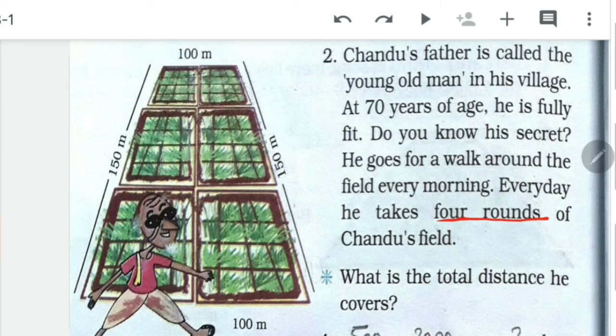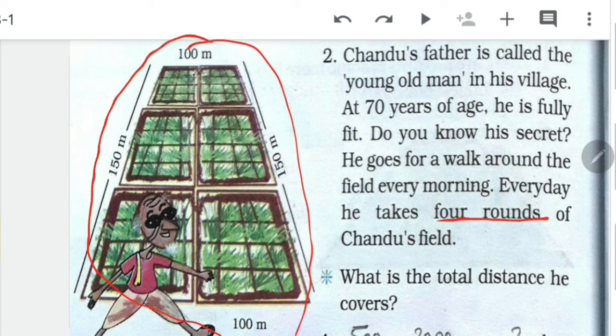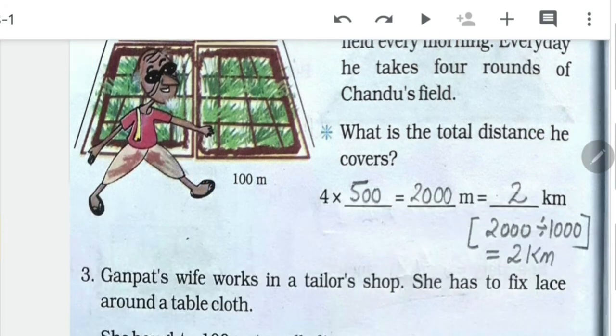So first we have to find out the length of boundary of this field. Then we have to multiply that number with 4 and we get to know how much distance he covers in a day. So let's see how we have to do it.